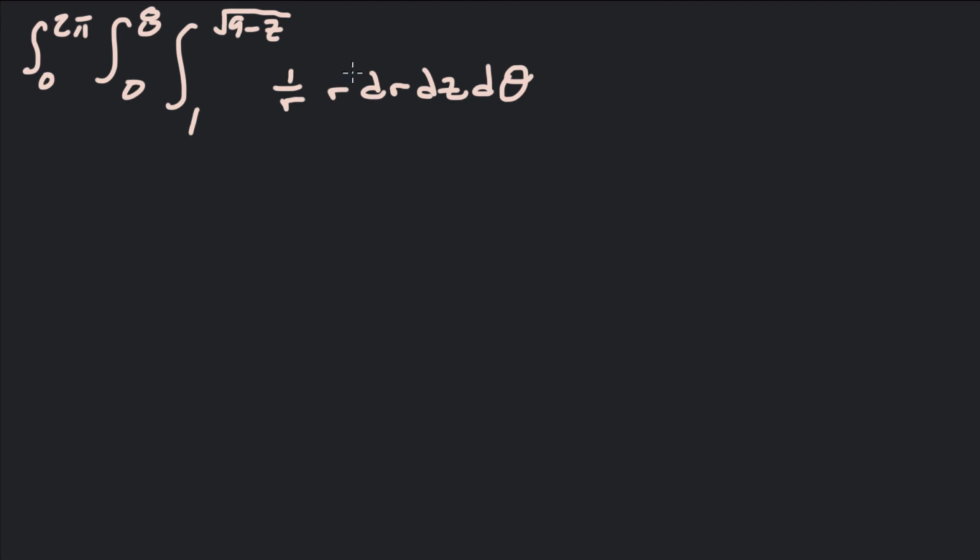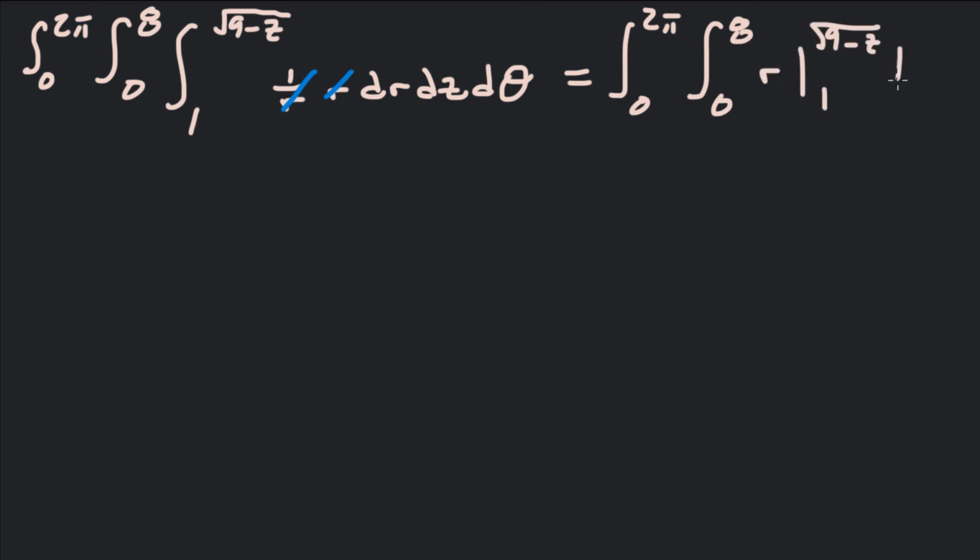So integrating r first, well, these r's still cancel. So this is going to be integral 0 to 2π, integral 0 to 8, and then r goes from 1 to square root of 9 minus z, dz dθ. Again, there's no θ in the bounds or in the integrand anywhere, so I can pull the dθ over here directly, integrate that, and get 2π.